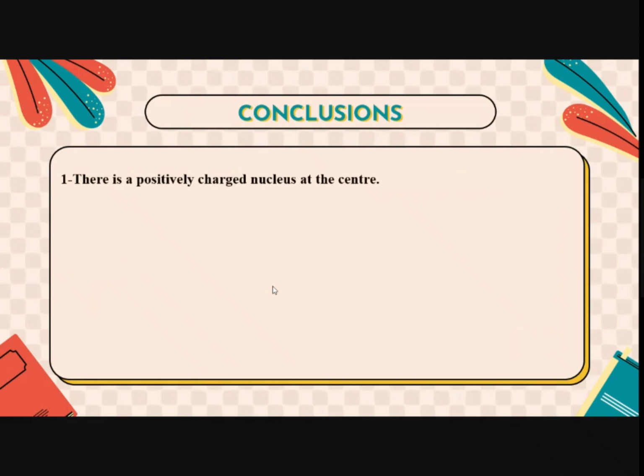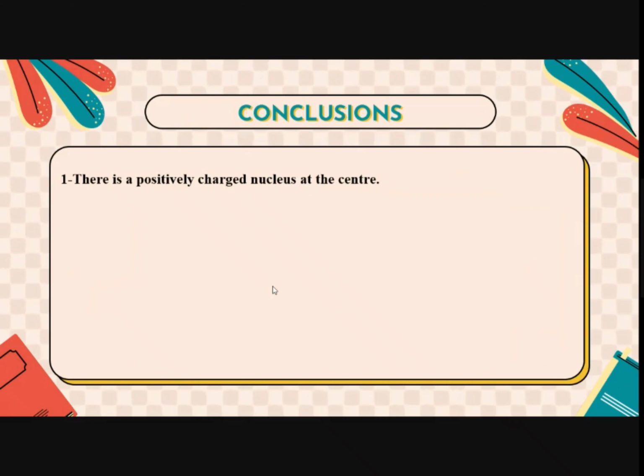Since like poles repel each other, he assumed that there is a positively charged nucleus at the center. Why positively charged center? Because some of the particles were bouncing back. Am I right? So that means some of the particles were repelling. And the alpha particles that he used were also positively charged. Correct? So he assumed that the atom has a nucleus which is a positively charged species.